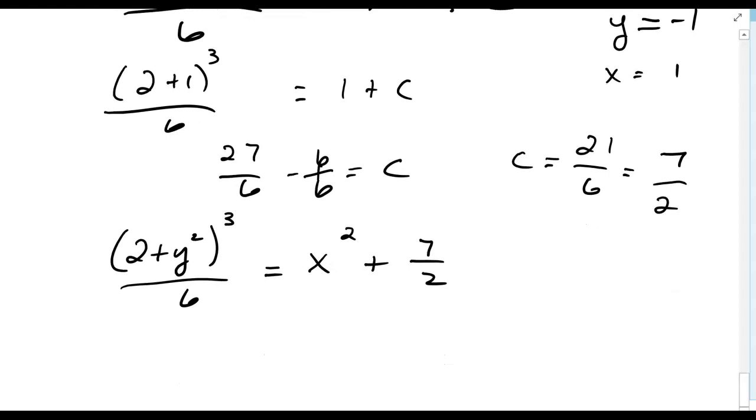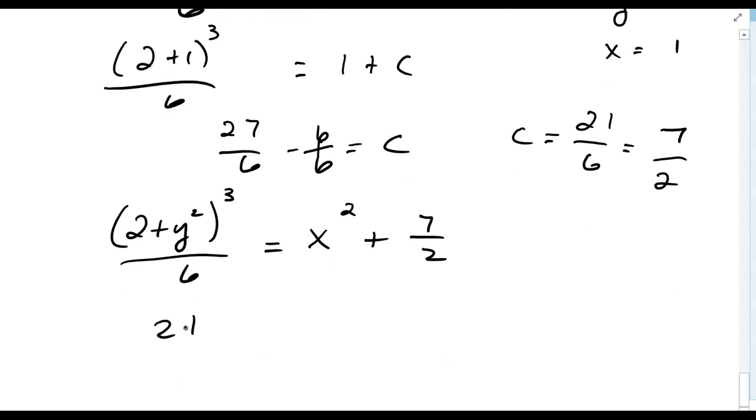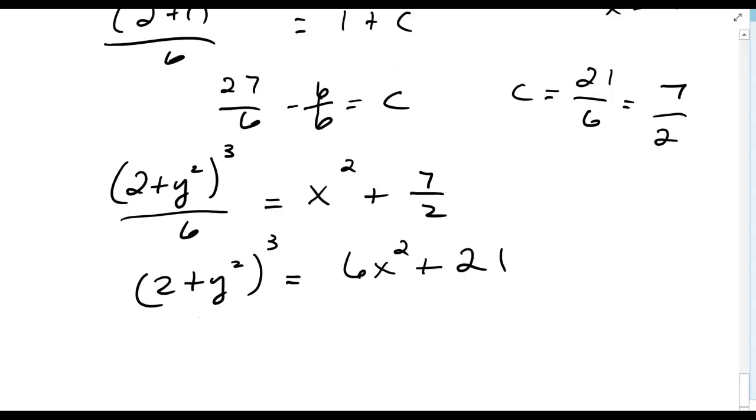Right? So what is that? That's (2 plus y squared) cubed equals 6x squared plus, back to our 21, right? Because 3 times 7 is 21.